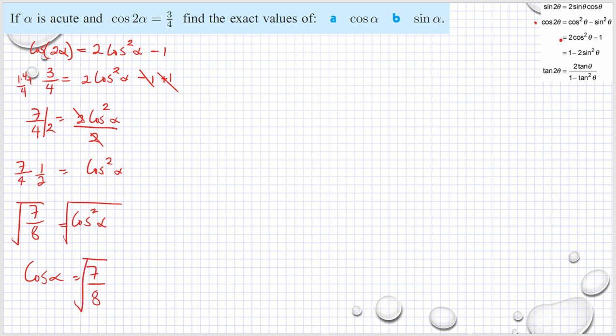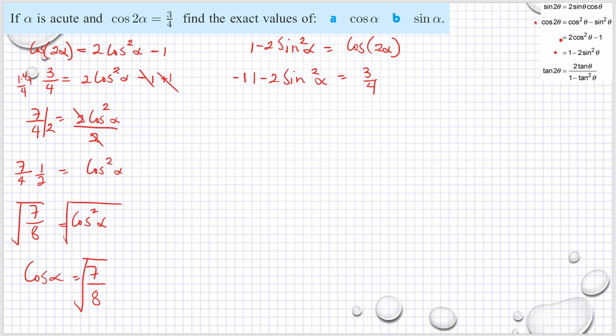Okay, next, sine alpha. Since we have sine here, we can use that. We have 1 minus 2 sine squared alpha is equal to cosine 2 alpha. Then we have 1 minus 2 sine squared alpha is equal to 3/4.